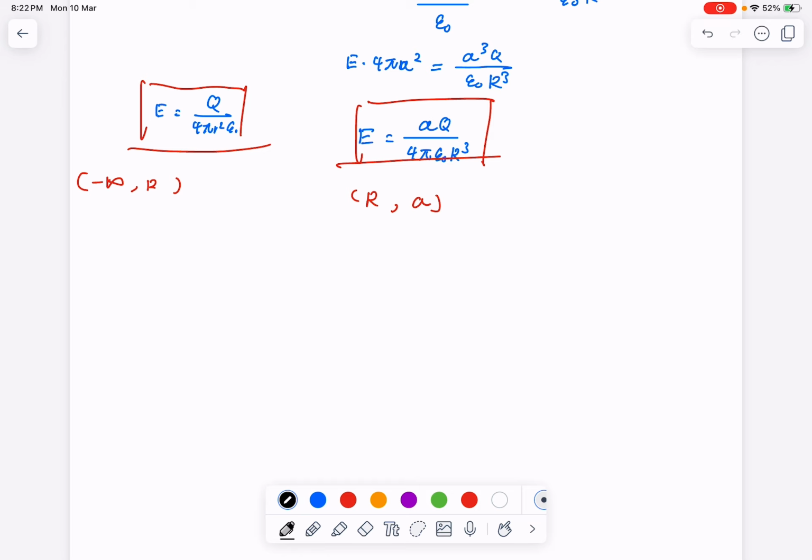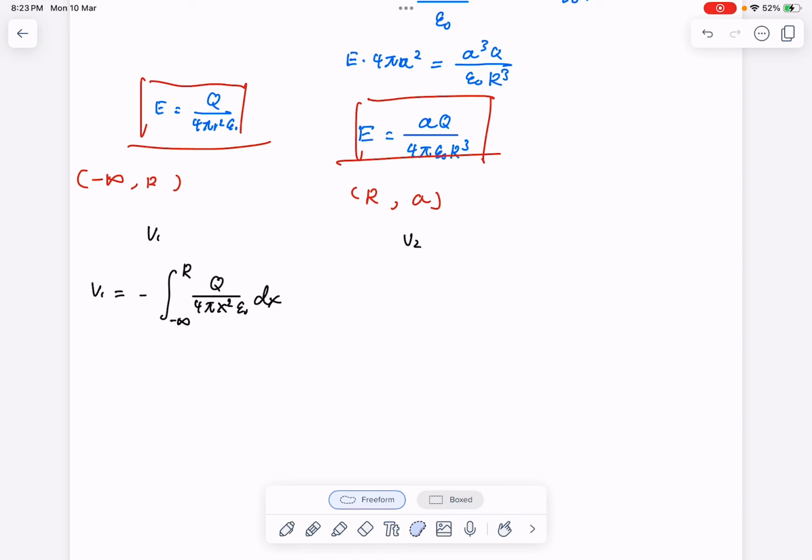There's a series of integrals. So let's call this V1 and let's call this V2. So V1 equals the negative integral of E dot dr, and we're using dx here, from negative infinity to R, of Q over 4 pi x squared epsilon naught dx.